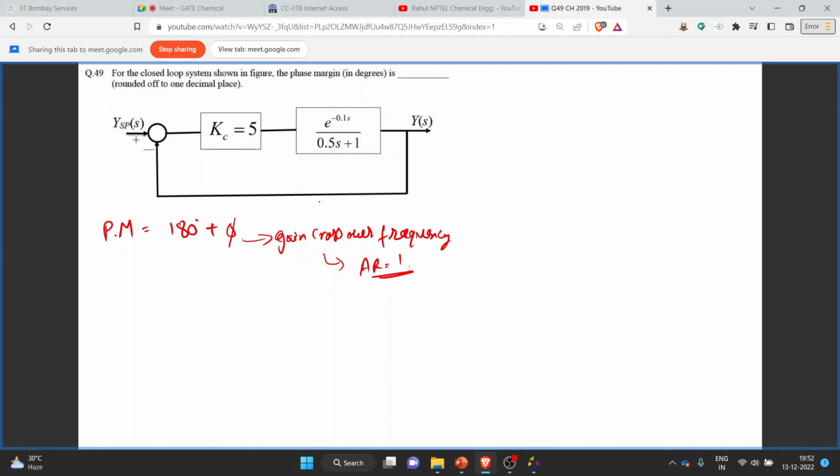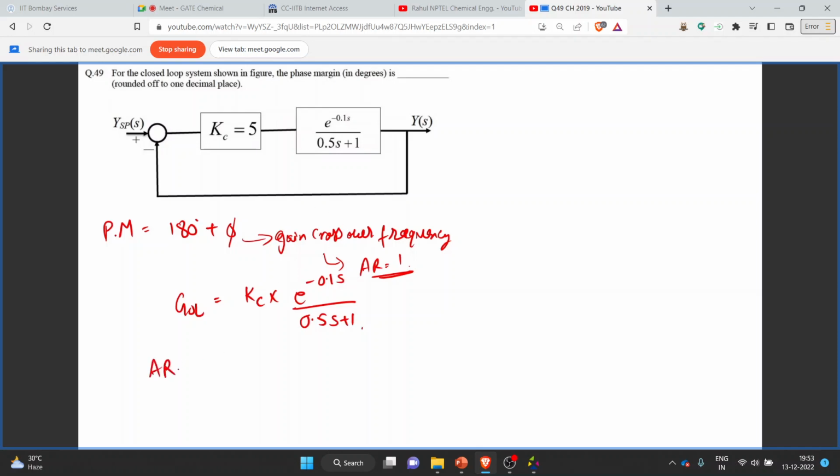So let's just write the open loop transfer function of this given block diagram. Over here, the open loop transfer function will be G_OL is equal to Kc into e raised to minus 0.1 s upon 0.5 s plus 1. Now we can write the amplitude ratio of this open loop transfer function.